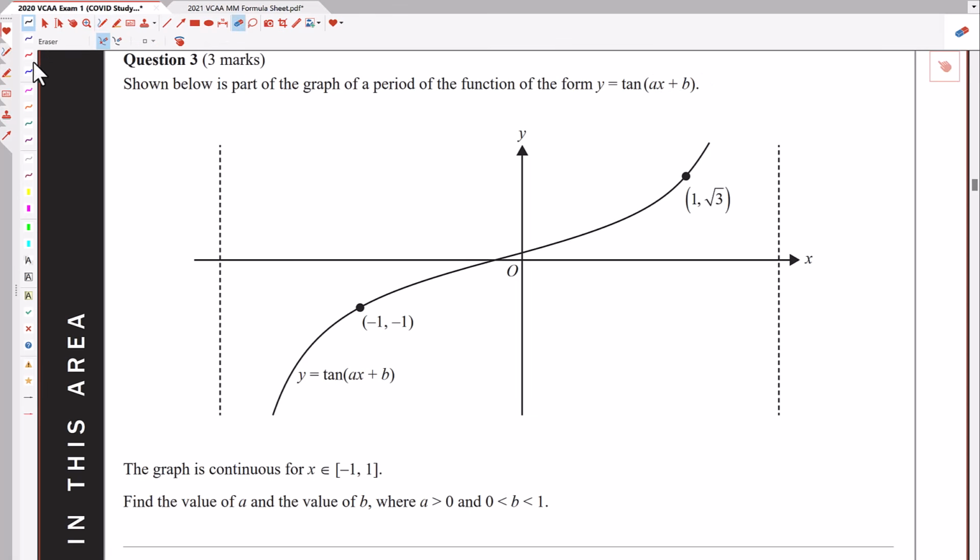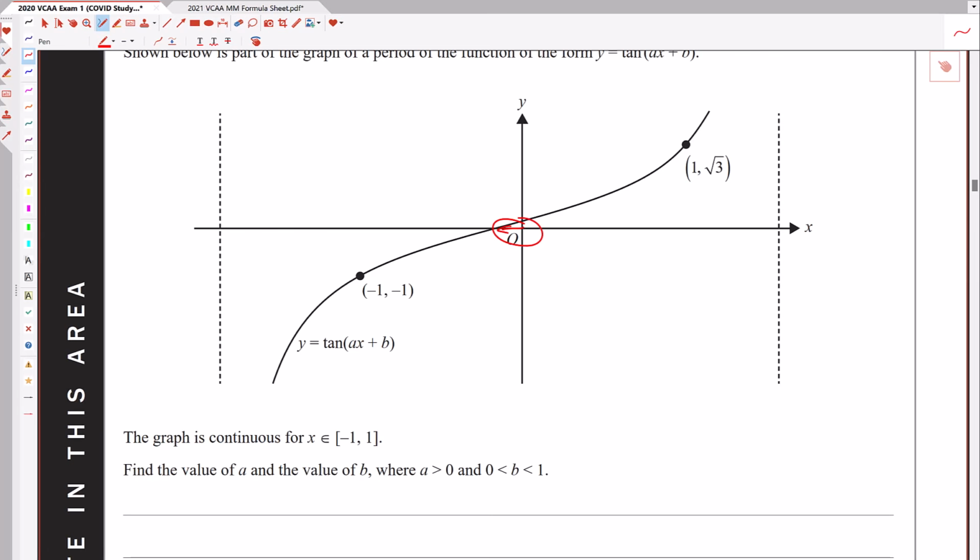We can actually see on the graph that it's gone to the left a little bit here. And so the graph is continuous from -1 to 1. That looks continuous in the graph as well, so that's just confirming that.